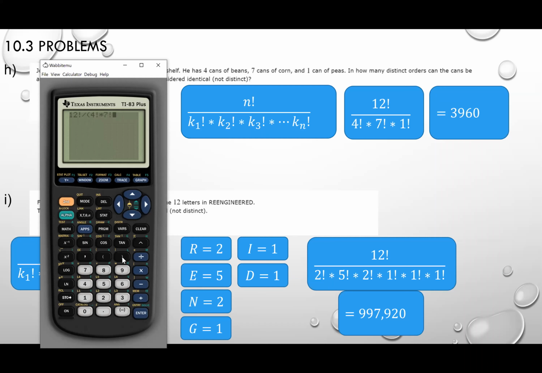So make sure that you put in the parentheses and close it, right? 1 factorial is just 1, so I don't need to put a factorial there.